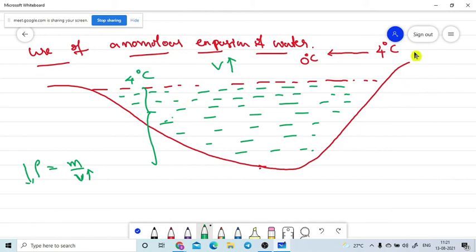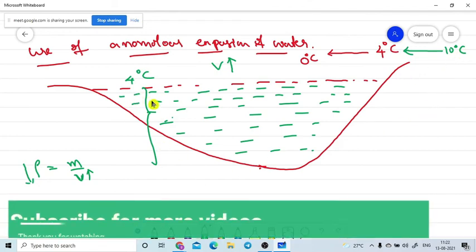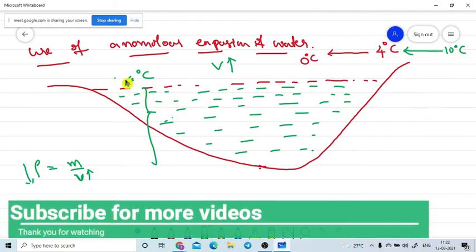Let me start with 10 degrees Celsius. Please keep it in your mind. First of all, we are assuming that the lake is at 10 degrees Celsius. From 10 degrees Celsius to 4 degrees Celsius, what can we observe?